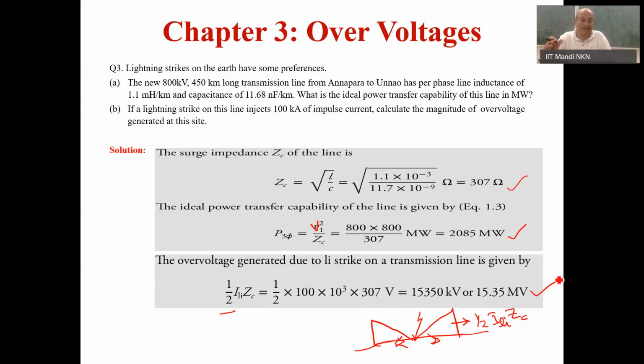Still, the residual voltage across the string will keep on traveling in the direction it has started, and in the process, at every insulator string, flashover will take place till the magnitude of the traveling wave overvoltage subsides to a low level, and then ultimately it reaches the substation where it is grounded with the help of a lightning arrestor. That is the protection system we have learned.